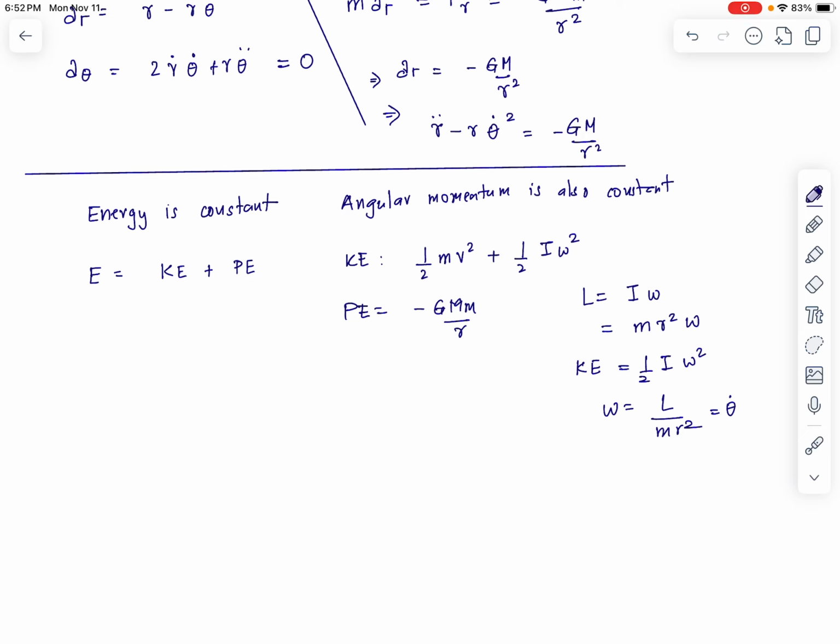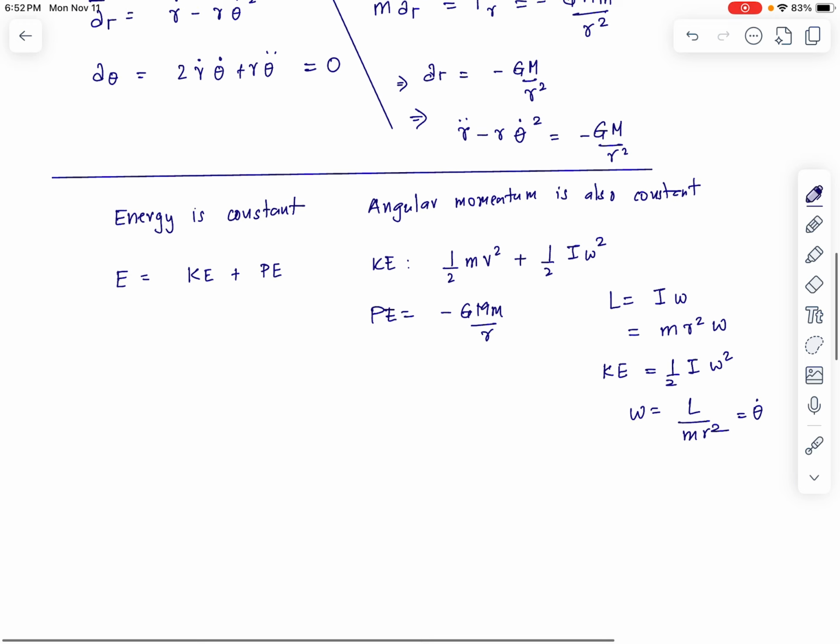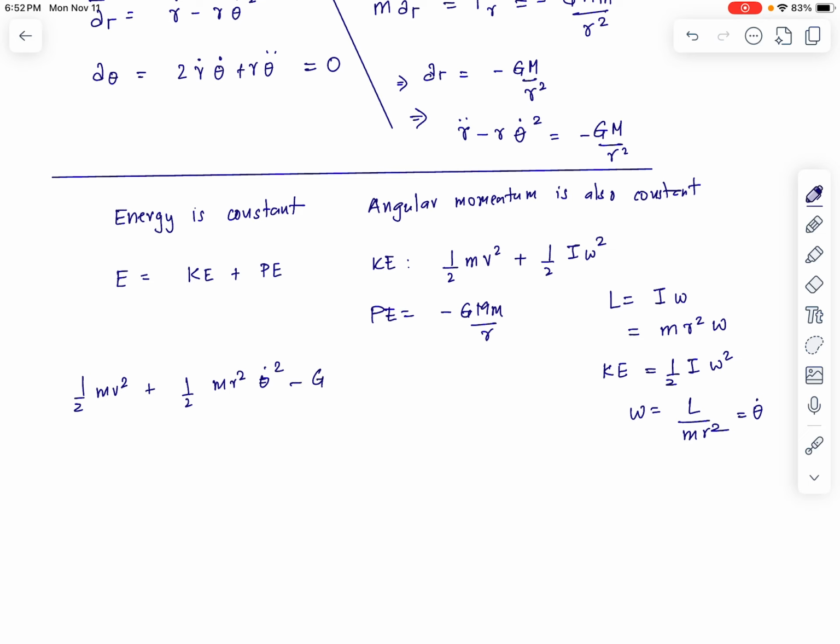So let's do this. Let's plug everything in here. So we get half m v square plus half m r square theta dot square, that's omega square, minus G capital M little m divided by r equals the energy, right?